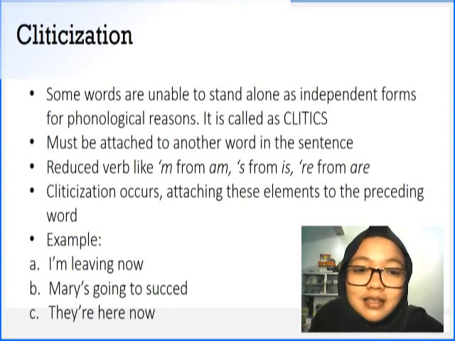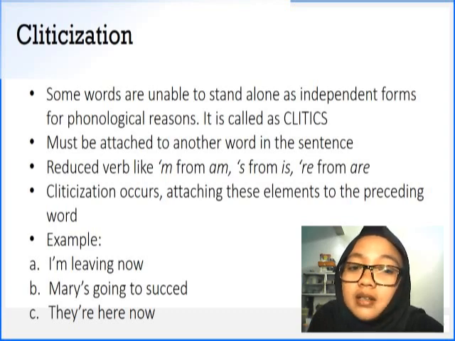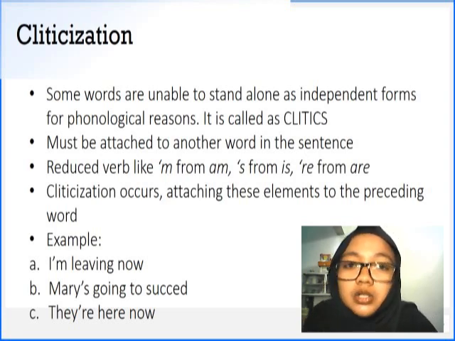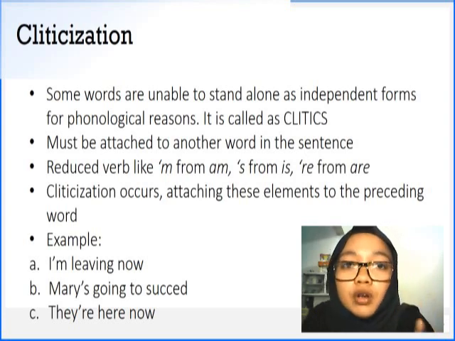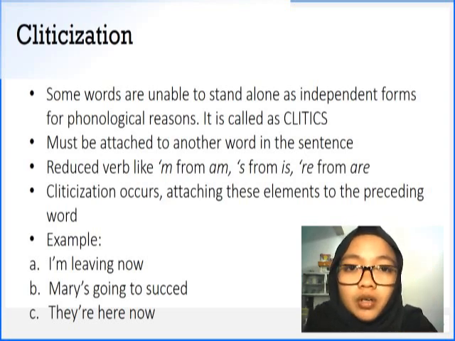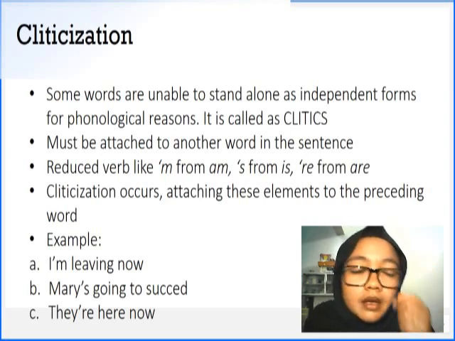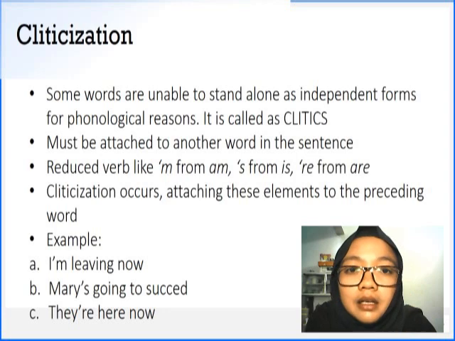Cliticization. This is unique, right? I hope you can remember that easily. A clitic is a part that joins to the preceding word in a sentence for phonological reasons. What do we mean by phonological reason? For example, when I say, hey, I am here.